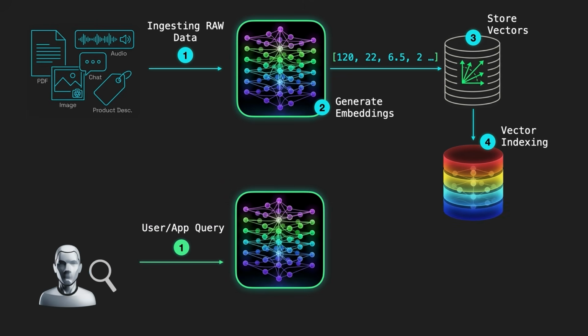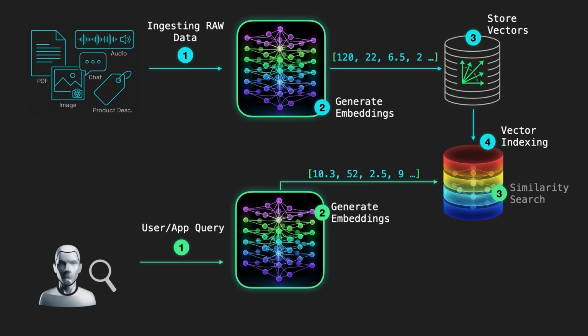Okay, so once the query embedding is generated, it is then used to search the vector database. Here, the vector database internally searches for the vectors that are most similar to this query vector, or query embedding.